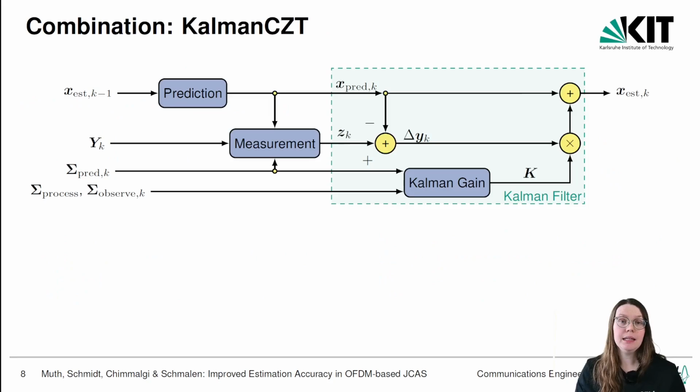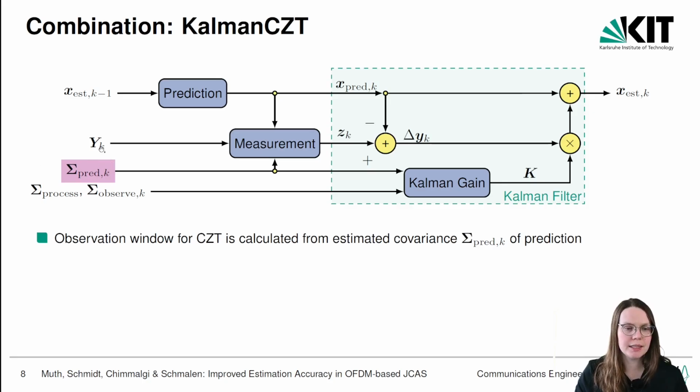And lastly, we combined tracking and interpolation into one system, with comparable complexity to what we just saw. We coined this the Kalman CZT, because this is a Kalman filter where the measurement is entangled with the Kalman values that are calculated. First we go through the prediction.